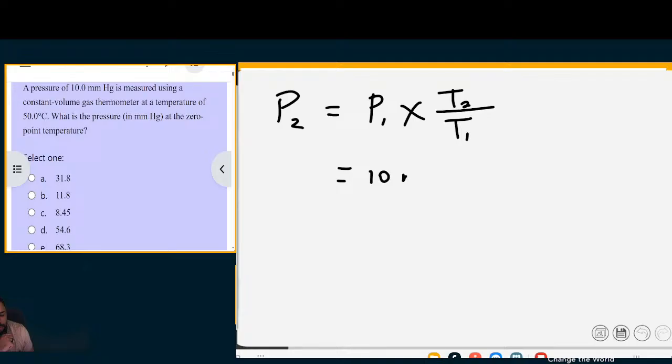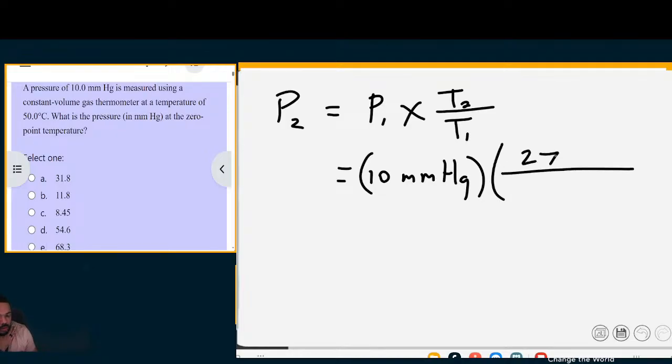So this is 10 millimeters mercury multiplied by 273.15 over 323.15. And if you do that math, you divide it, you multiply it, you get approximately 8.45.